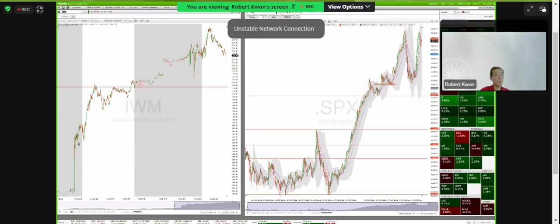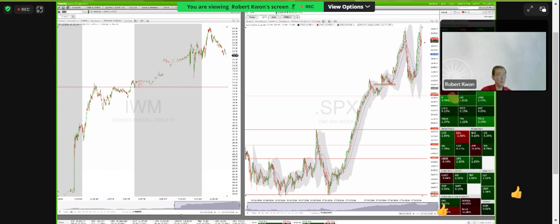Small caps popped and didn't pop back. You could see this on a heat map. You could see this on RUT versus NDX. So these are non-technical things that I feel aid me as somebody who tries to trade the S&P.